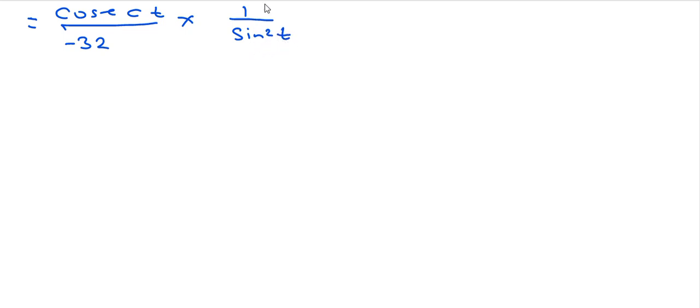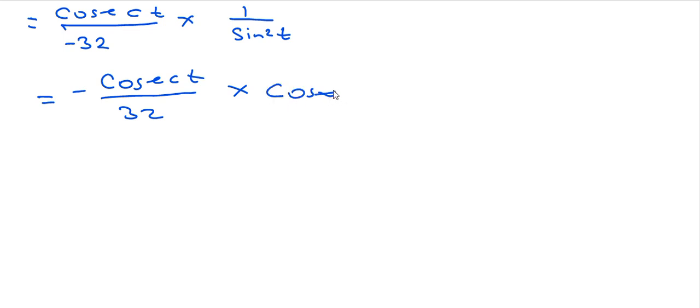So this is still the same as negative cosec t all over 32 times cosec square t, which is going to be negative cosec cube t all over 32.